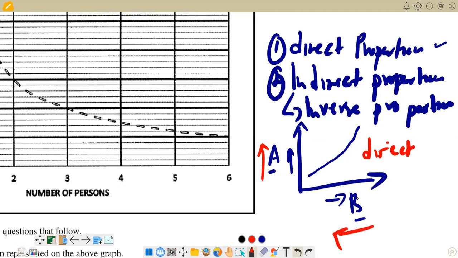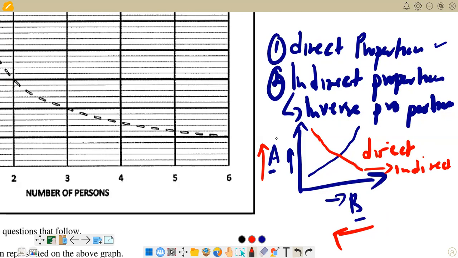And the opposite is true: if B is increasing, it means A is decreasing. They're moving in opposite directions. So we have an indirect proportion, and a typical curve will show a negative slope like this. This is now representing an indirect proportion.